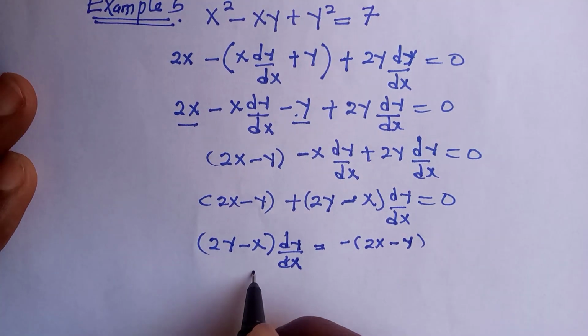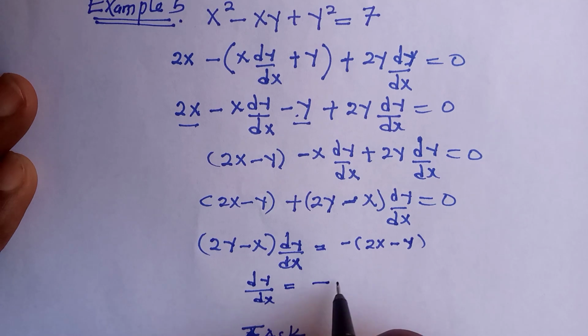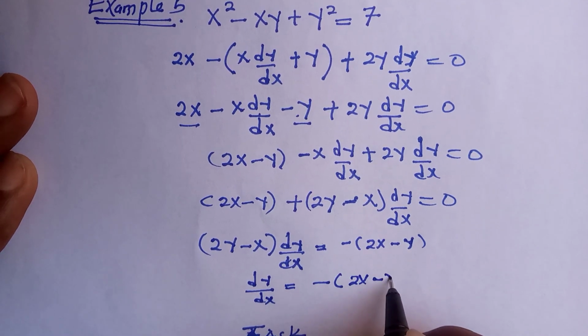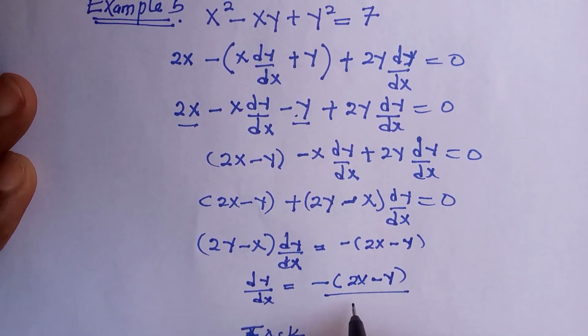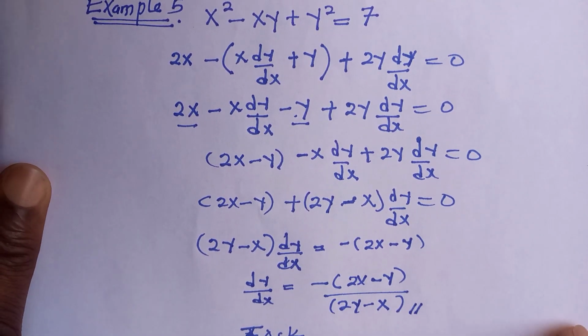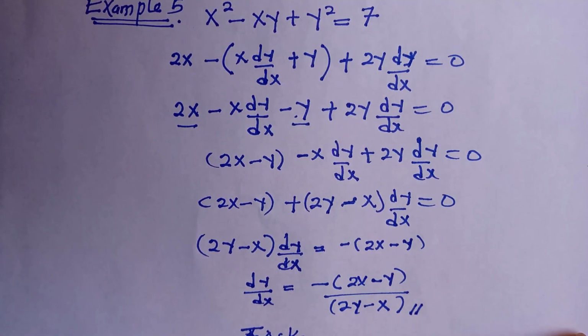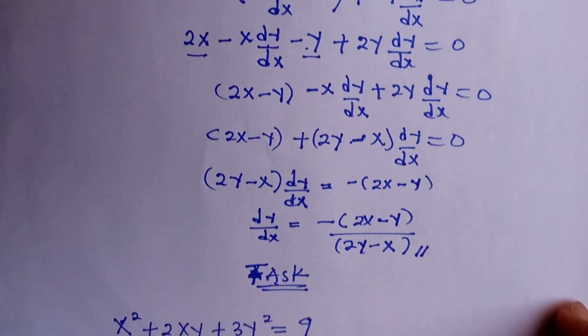So negative outside there is working for both. The final answer, dy/dx, equals negative 2x minus y, everything divided by 2y minus x. So here is the final answer, and it stops here. Okay, that will be the final answer for the final question.